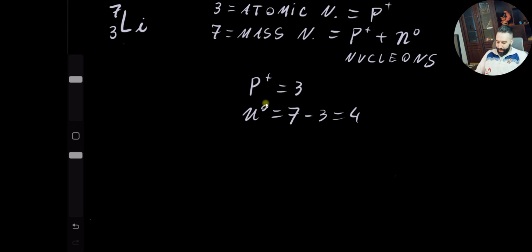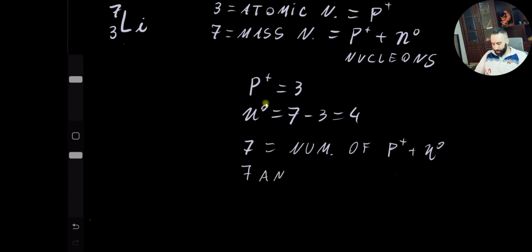So 7, the mass number, means the number of protons plus neutrons, we know that. But sometimes you have a unit: 7 also means that one atom of lithium has a mass of 7 AMU. This AMU means atomic mass units.